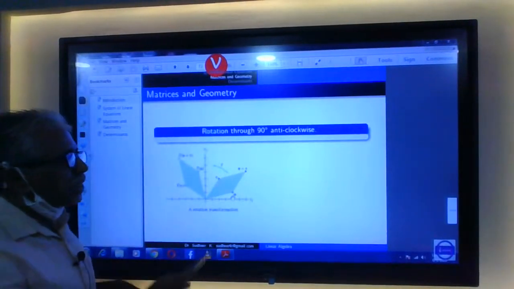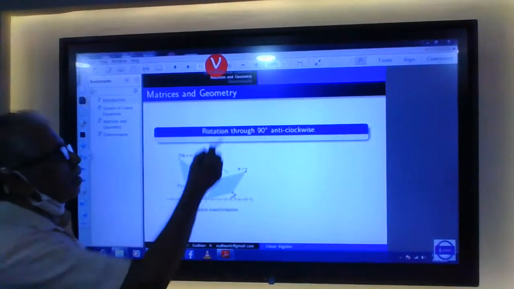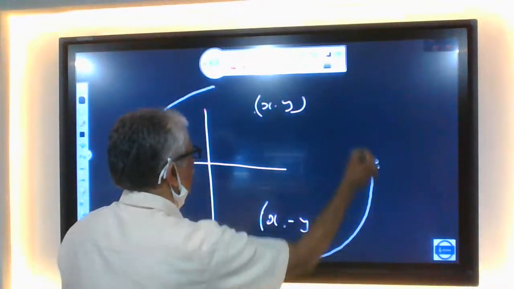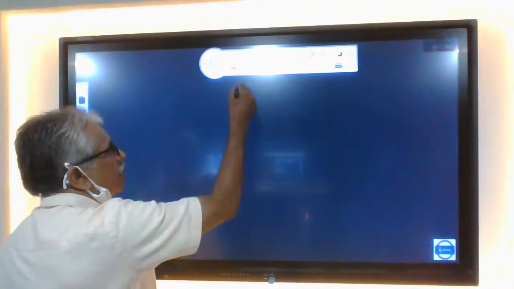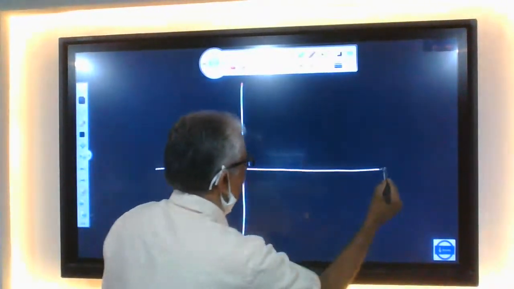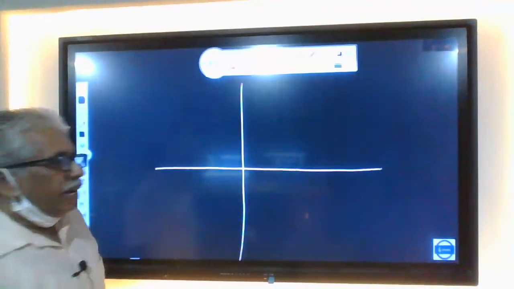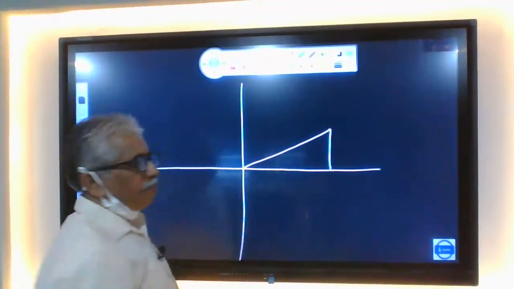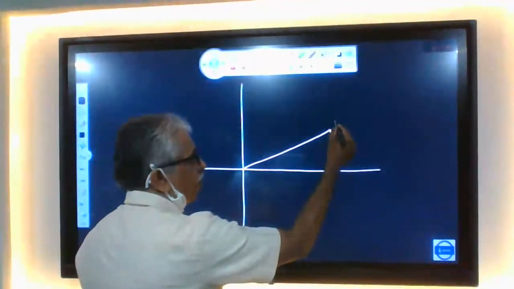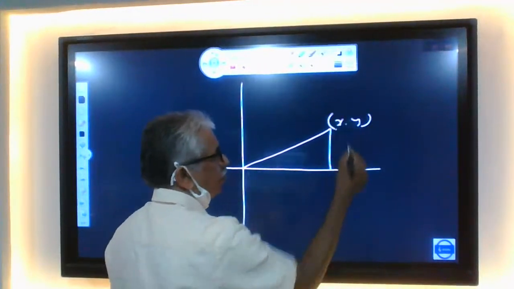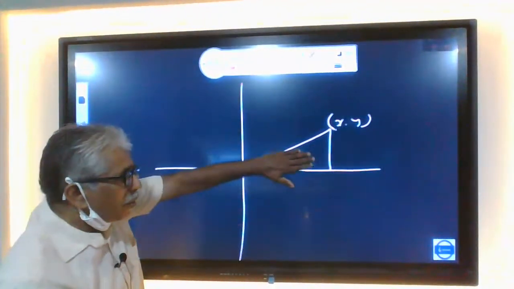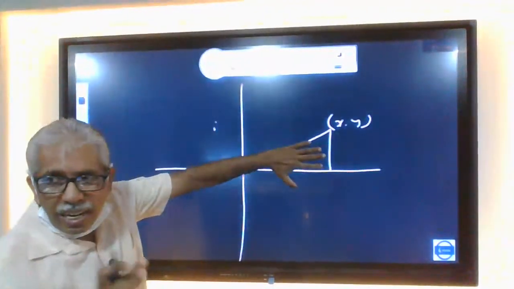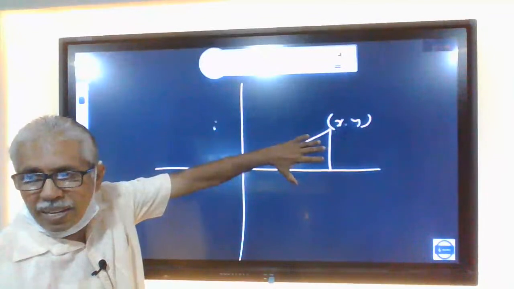Now, rotation through 90 degrees anti-clockwise. I'll come to it in a different way. Suppose you have the xy plane. Imagine this triangle. This point is (x, y). See, if you make a rotation through 90 degrees anti-clockwise, imagine this is the leaf of a pole.